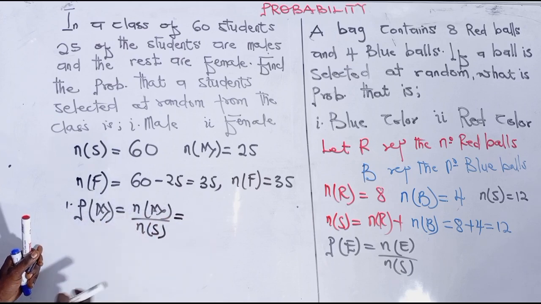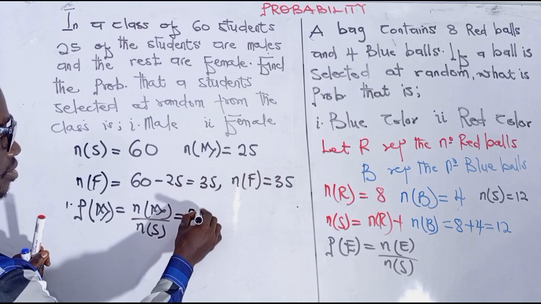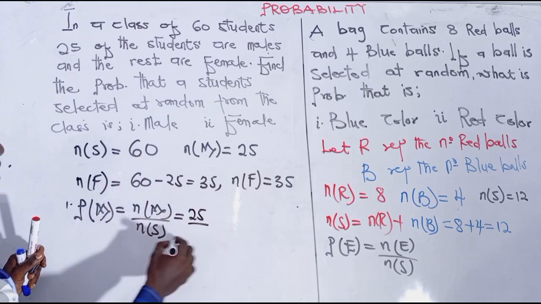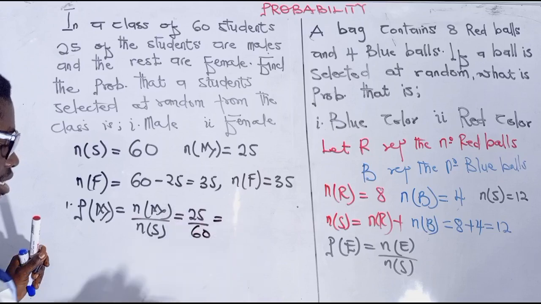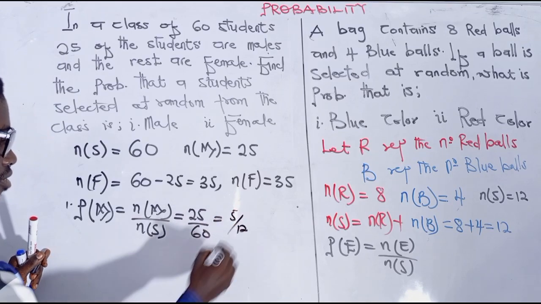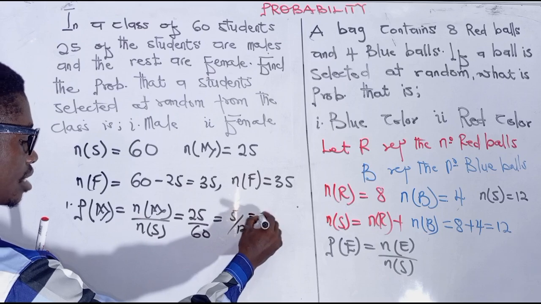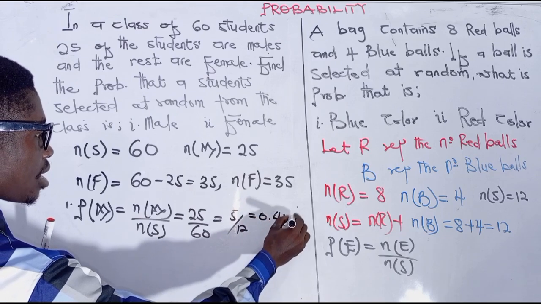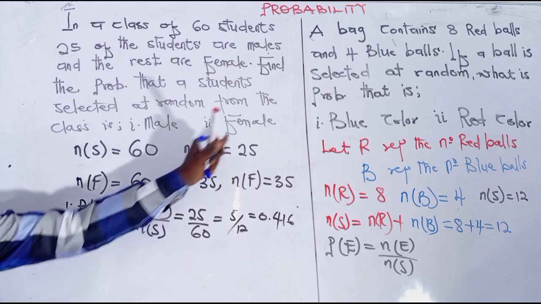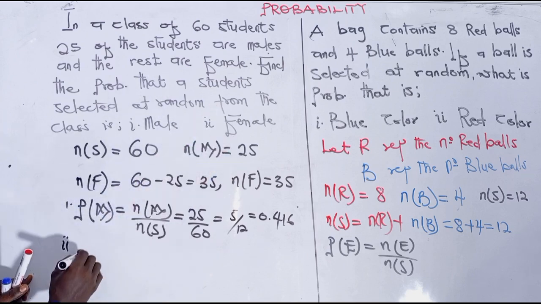Number of male students, we have 25, all over the total number of students, 60. That gives us 5 over 12. You can convert it to decimal to have 0.416.